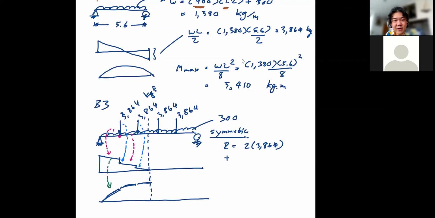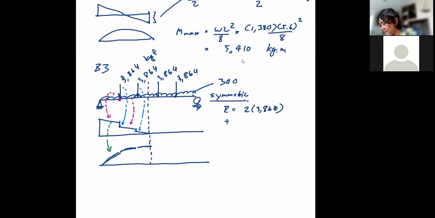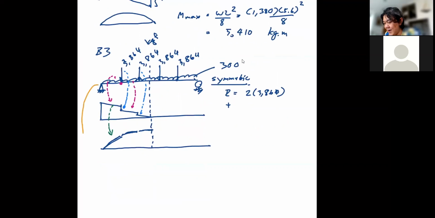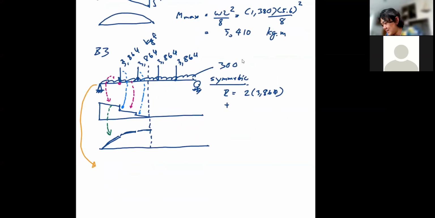And if you look at the uniform load alone, let's say, you have a beam, this beam. Can I write this beam as this?